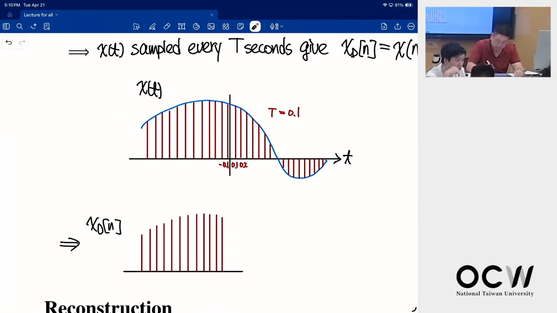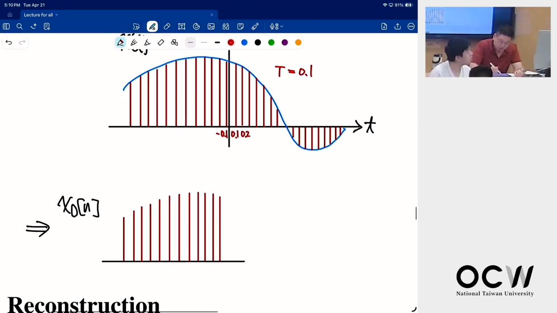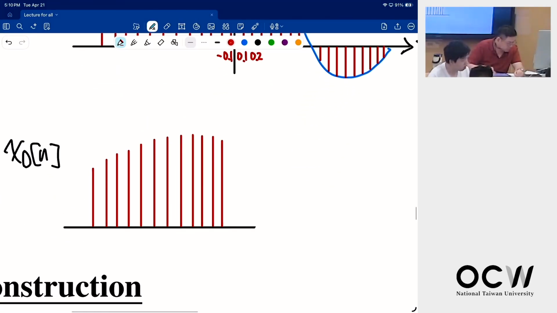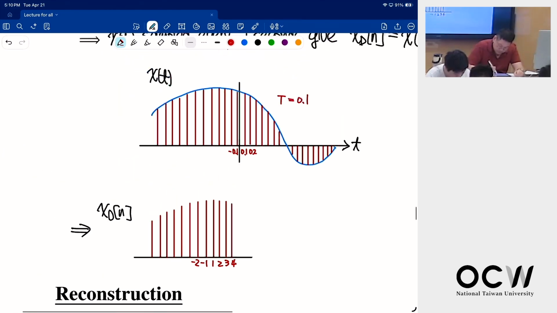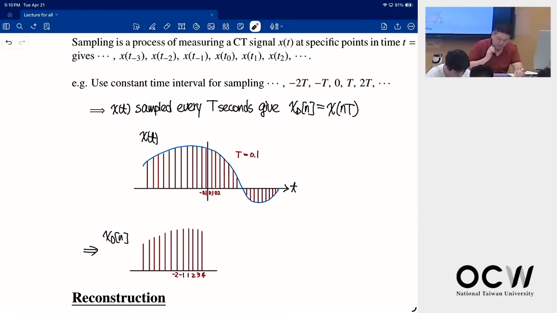And then you can see that if I only get those stems, this is just copy paste here. And the label here is like 1, 2, 3, 4, minus 1, minus 2, and so on. This is your n. This is the discrete signal.